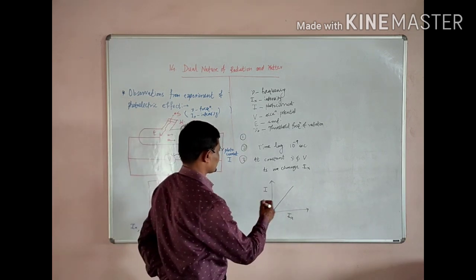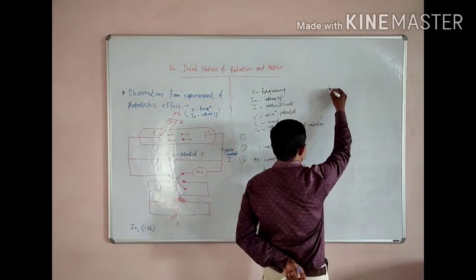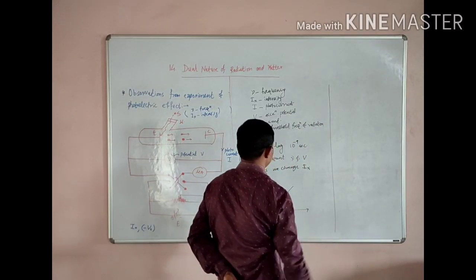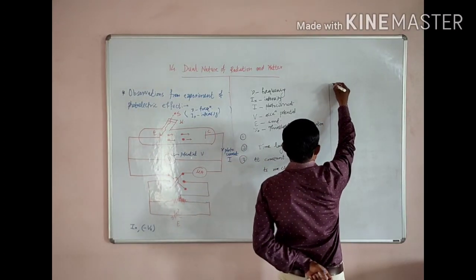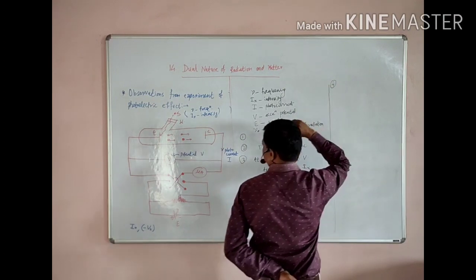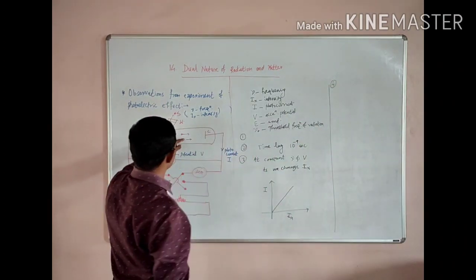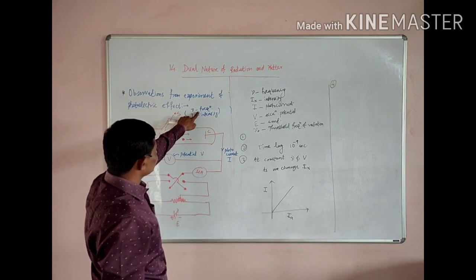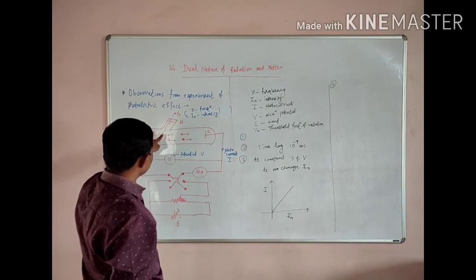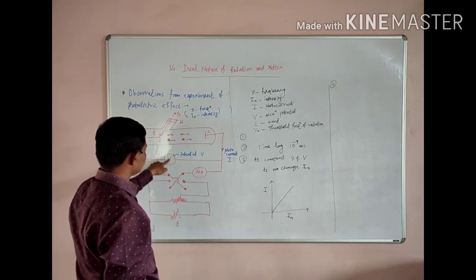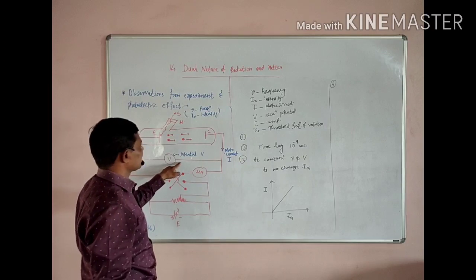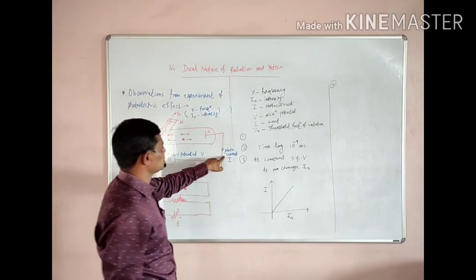Suppose we take the case when the frequency and intensity of incident radiation are fixed and the accelerating potential is varied, and we note the change in photocurrent.